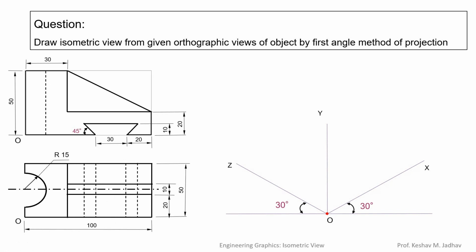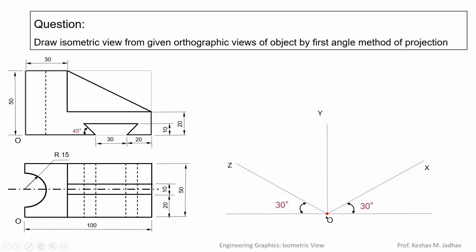To draw the isometric box, we need three dimensions: length along x-axis, length along y-axis, and length along z-axis. This is the ground point O, and we have to start with this point. From O on the right side, the total length of this object is 100.